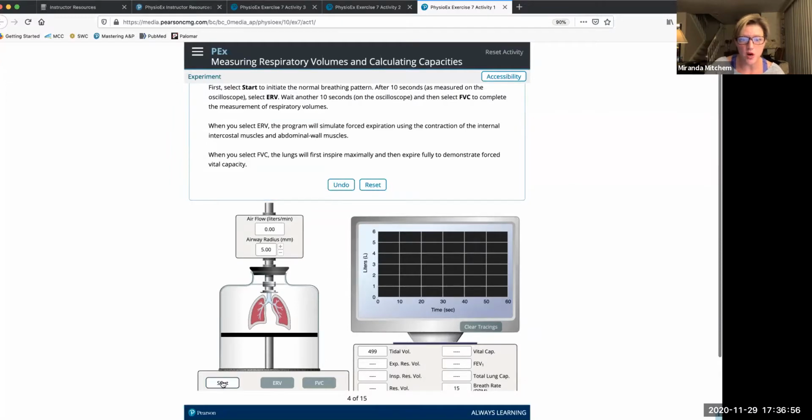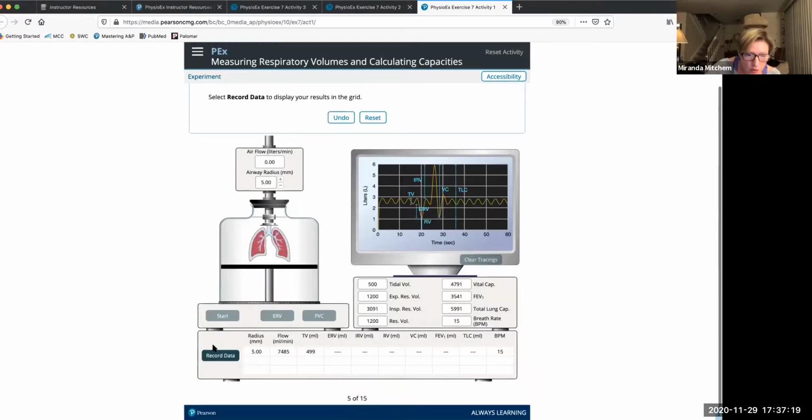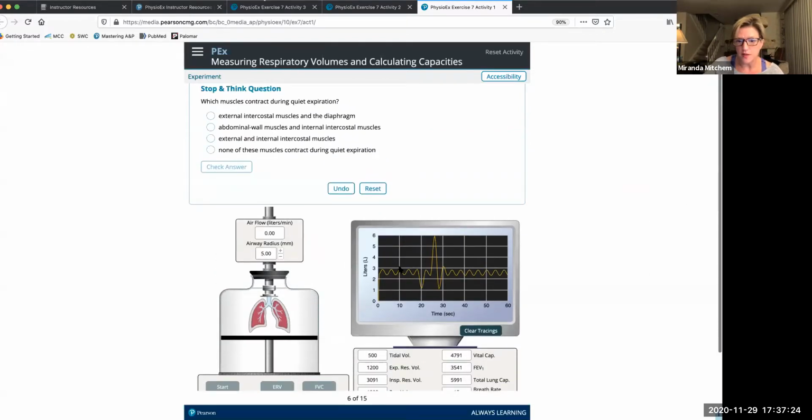Okay, so start and then count to 10, time 10 on the spirogram. And then I hit the FVC 10 seconds later, which we saw, that big inspiration. Let's record our data. All right, and this looks pretty good. It looks similar to the figure that is in your textbook.